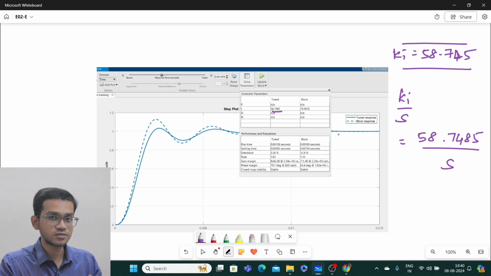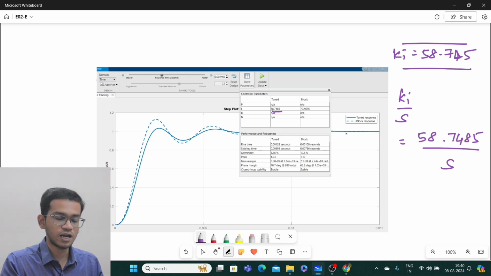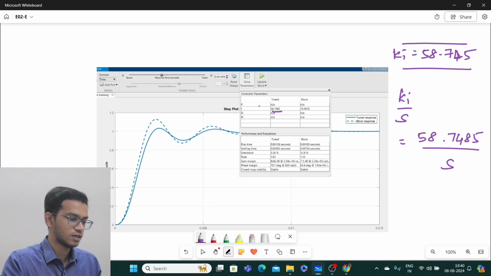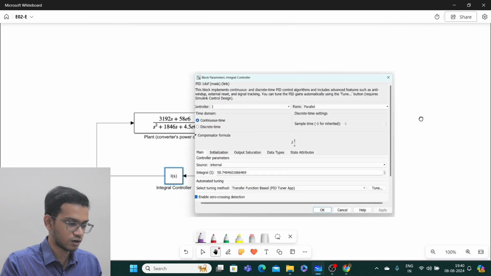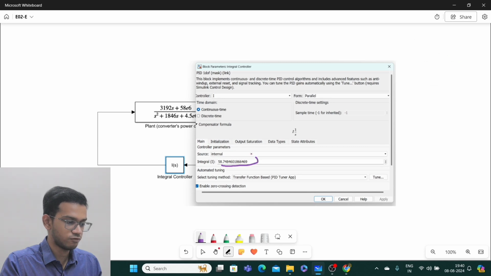If your plant demanded a proportional integral controller, then you may have some P value here as well. So once you get that, click on this button, update block. So these parameters will be directly updated to your block, and it will directly be reflected here again. Now you click OK, and then you can run the simulation.